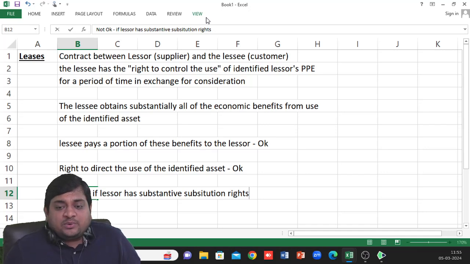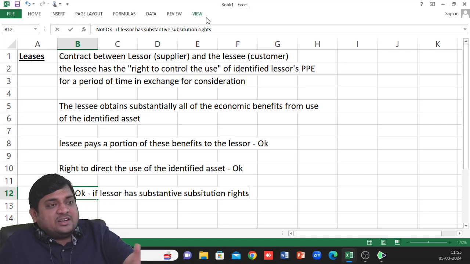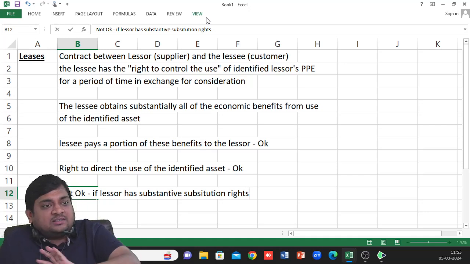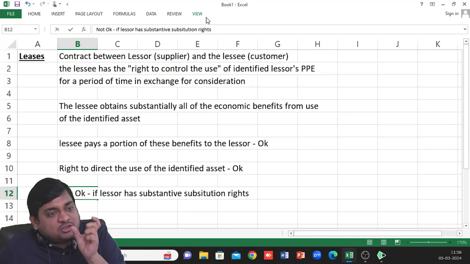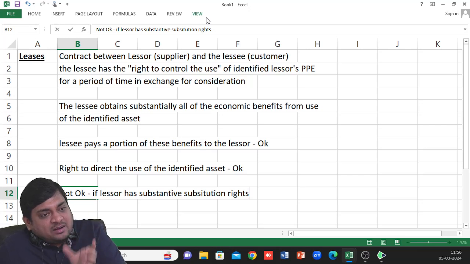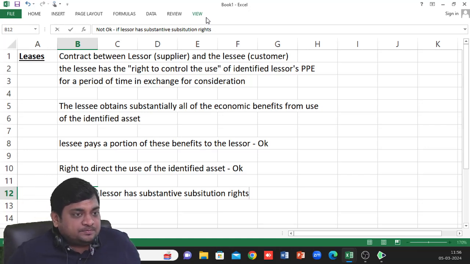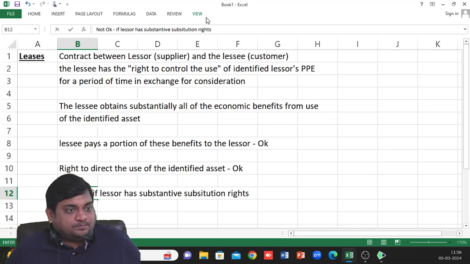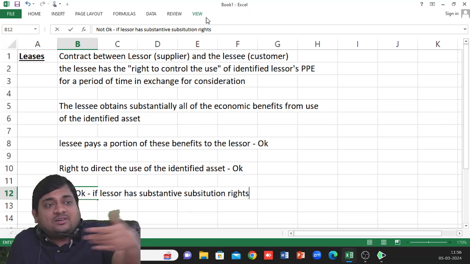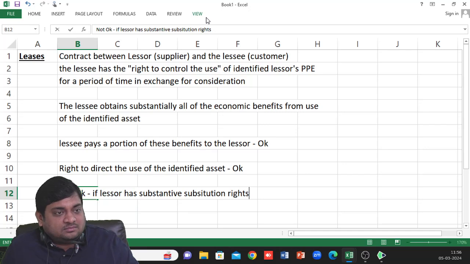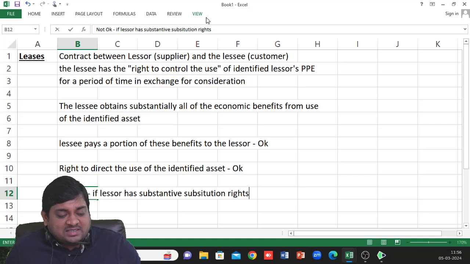Now if I am substituting the asset, that today I am going to give you this asset, tomorrow I am going to give you that asset, then it is not a lease contract, because the asset needs to be identified and that asset will remain with me throughout the lease term. Like in rental business it happens. Today I am sending you this car, tomorrow I am sending you this car, day after tomorrow I am sending you another car. No. So not okay if lessor has substantive substitution rights.